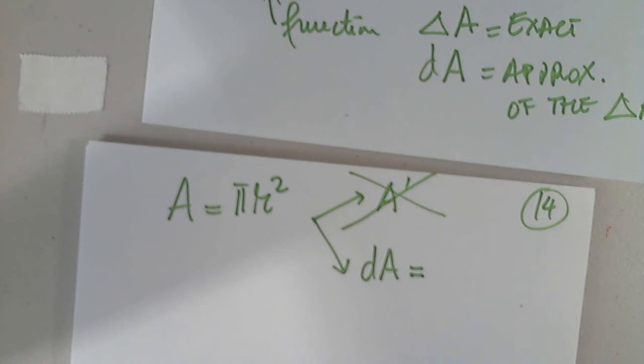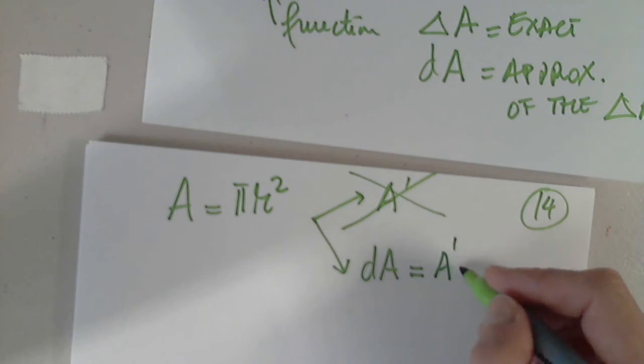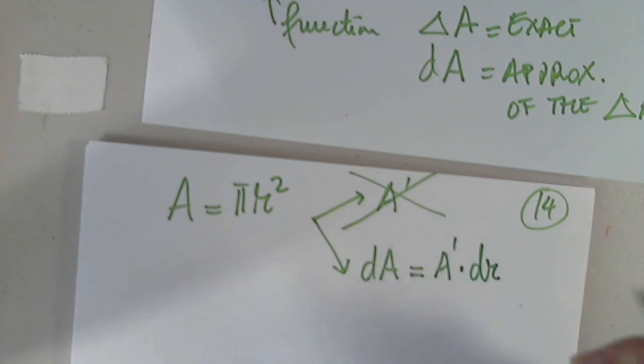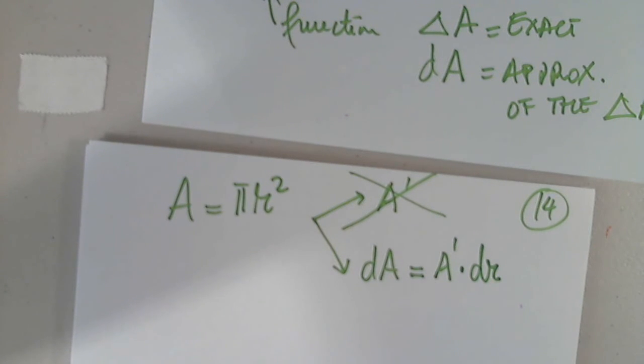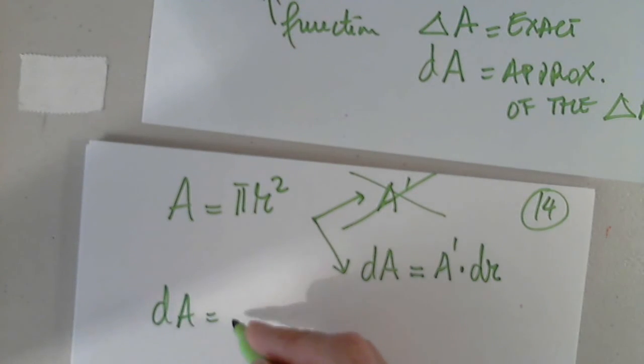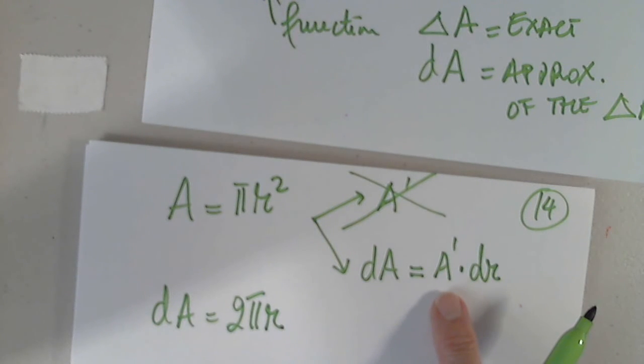So what does dA represent? It's not A prime, but it's A prime times dr, because that's the variable in A. So then dA will be 2 pi r, which is A prime.